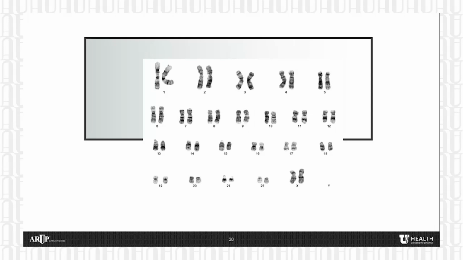And then the cytogeneticist can detect not only numerical aberrations, but also, by examining if the banding pattern is interrupted or not, detect if any structural abnormalities are present.